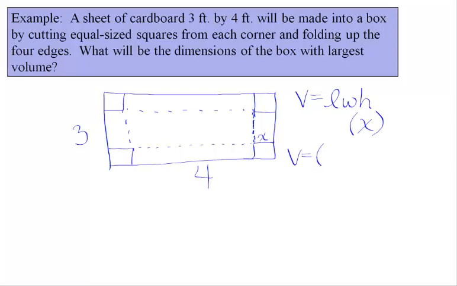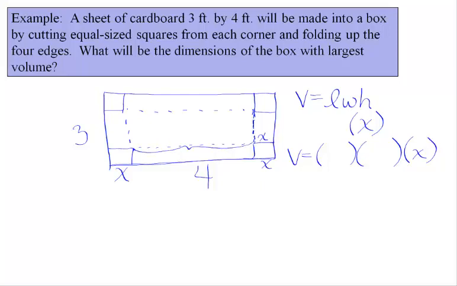Let's see if we can come up with length and width. I know that the whole thing has a length of 4, but this has been cut out and that has been cut out. So the actual box just has this length.